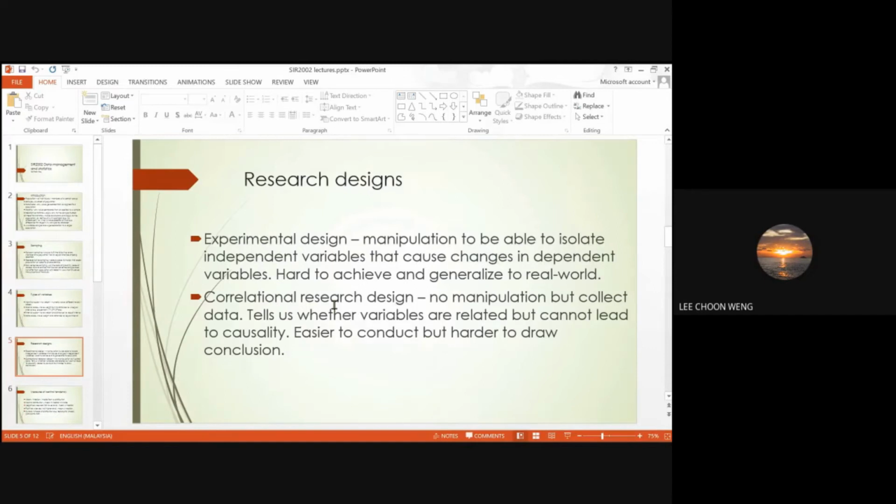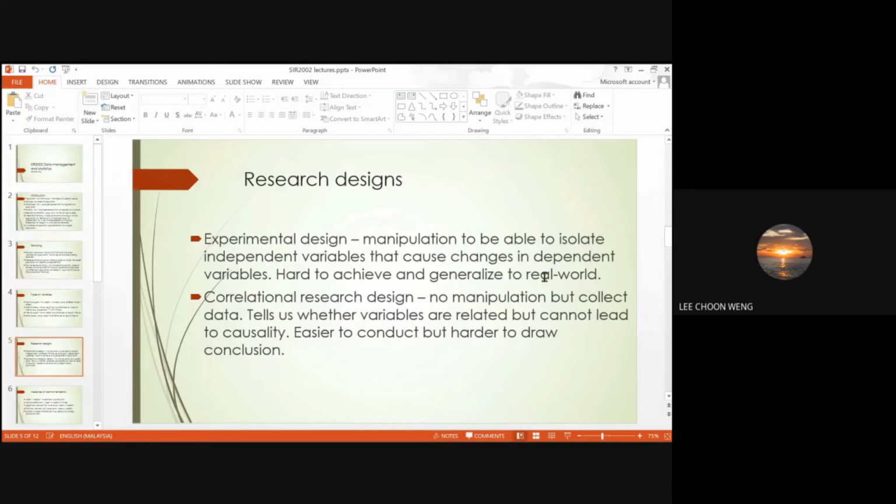Okay, this is easy to do, but how do you generalize to the real world? That is hard, because once you culture the bacteria in a microcosm, in a bottle using artificial media, you are already disconnecting it from the real world.